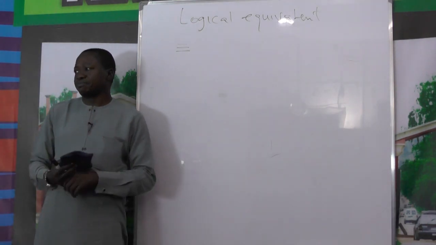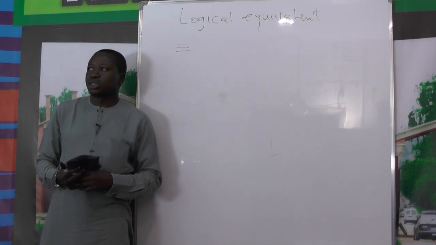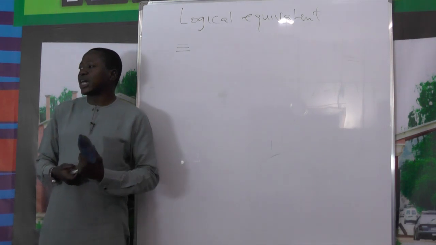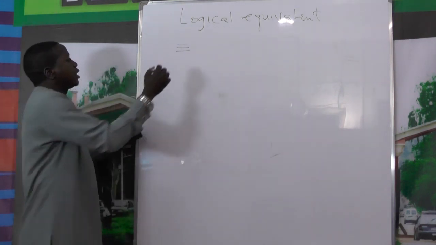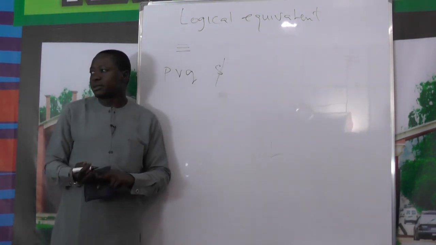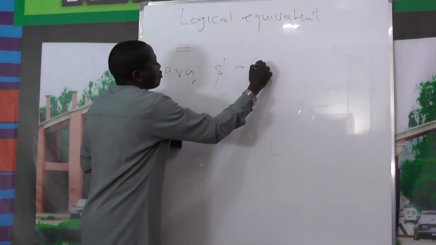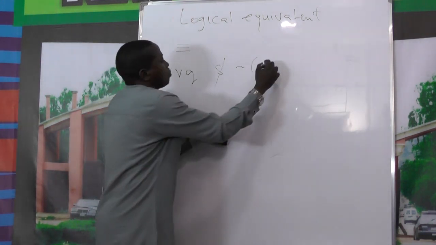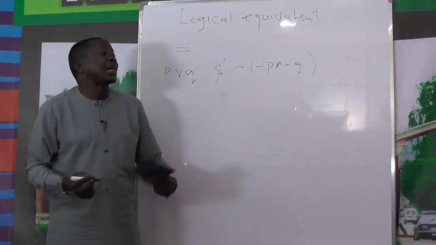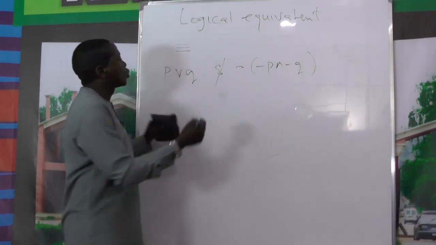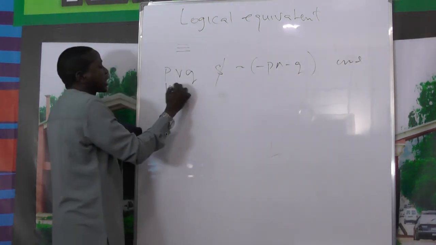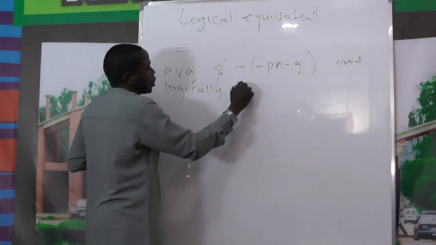So now, for example, by the truth table, we should show that the compound statement P or Q, and negation of minus P and minus Q. This minus simply means negation of Q. So we have to show that this statement and this statement are logically equivalent.